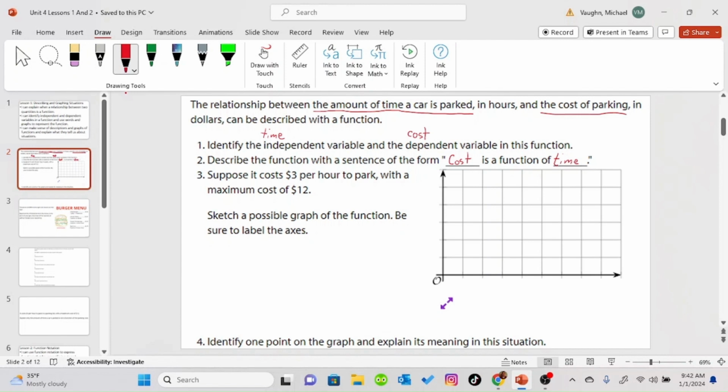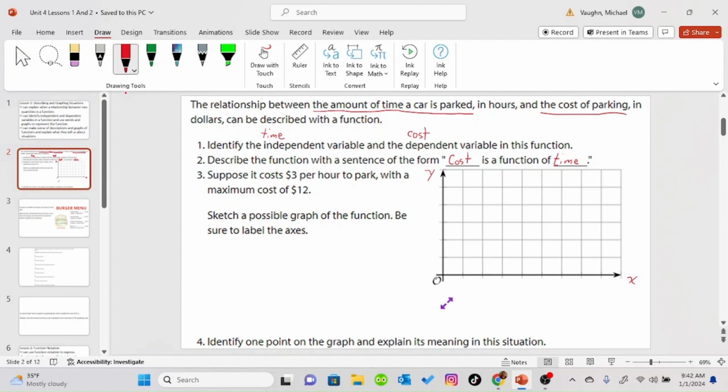Number 3, suppose it costs $3 per hour to park with a maximum cost of $12. Sketch a possible graph of the function. Be sure to label the axes. So, when we do this, we have our x axis and we have our y axis.